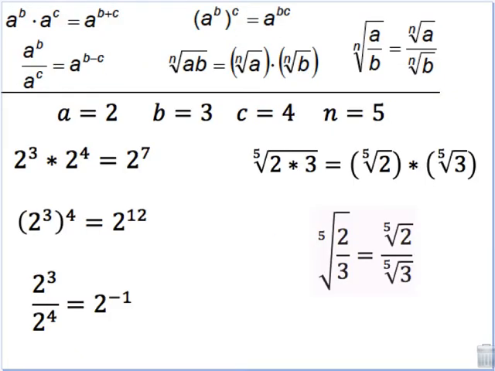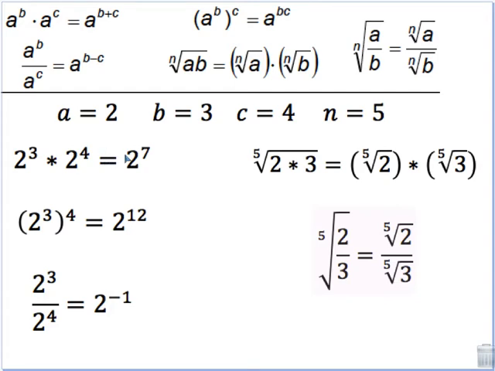All right, moving on. You have a lot of these power rules, or exponent rules. These should be a review. Anytime you have two numbers, let's say your base number is 2, so you have 2 raised to the 3rd power times 2 to the 4th power. Your b and your c are your exponents, and a is 2. All you do is add those two numbers together. So 2 to the 3rd power times 2 to the 4th power would just be 2 to the 7th power.